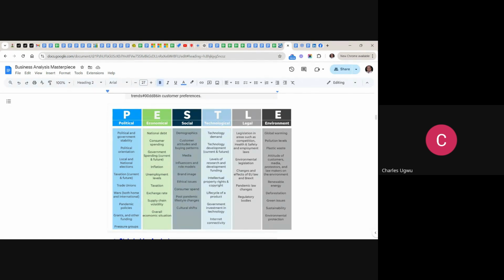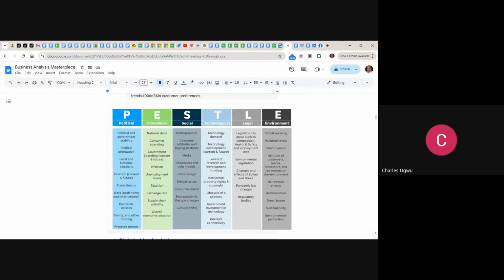We have wars, both home and international. We have pandemics, pandemic policies. We have grants and funding. We have pressure groups. All these small factors within the political environment can affect our project in one way or the other. These are things we need to understand, and that's what we call the market.